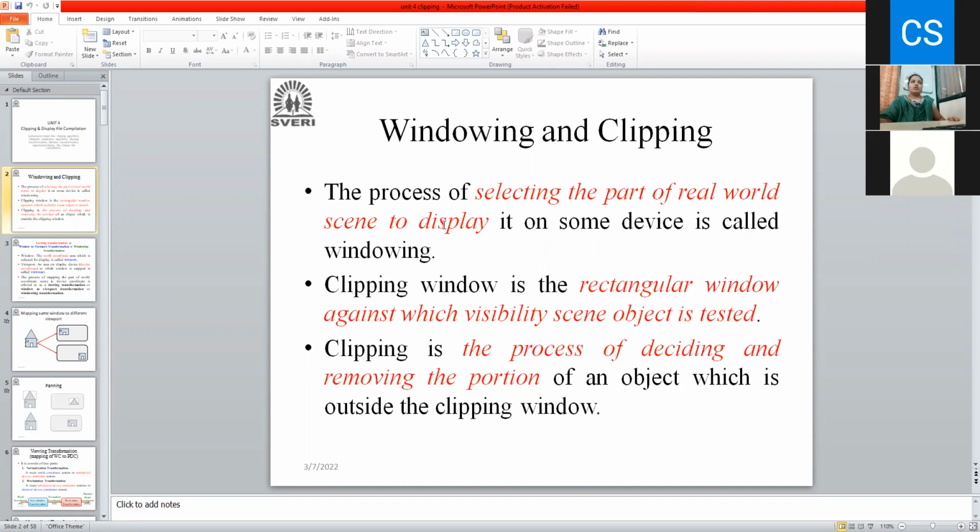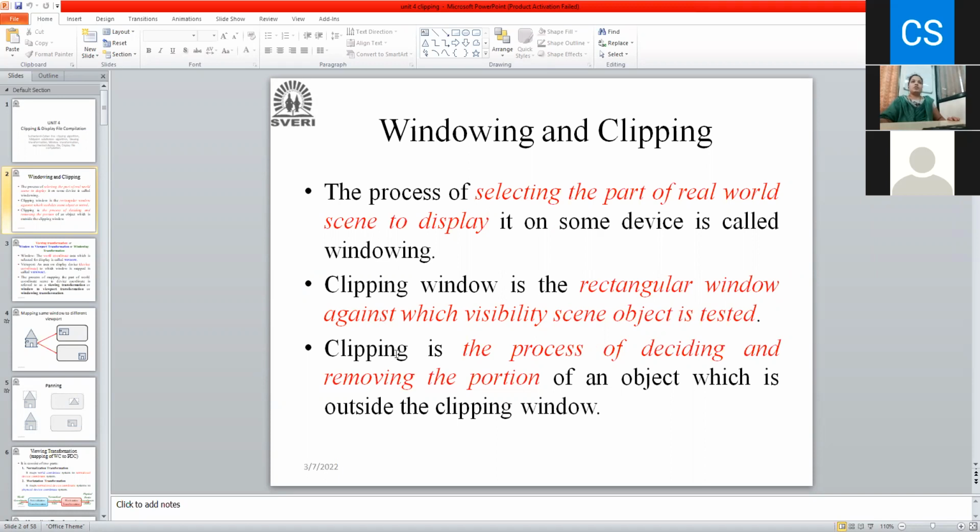So we have seen the basic definitions of windowing and clipping. Windowing is selecting the part of a real world scene to display it on some physical device. A clipping window, in short, is the rectangular portion which checks the visibility of the object with respect to the window, whether the object is visible or not.